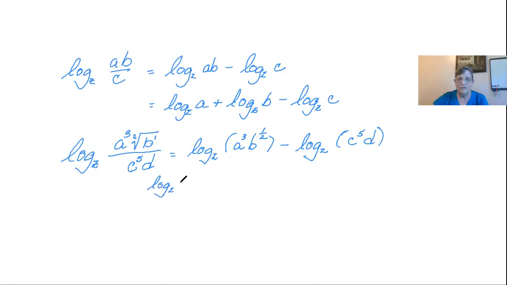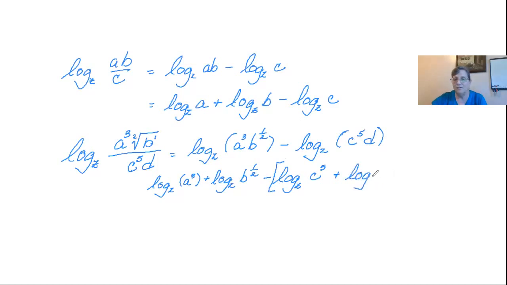So I've got the log base z of a cubed plus log base z of b to the 1/2 minus the log base z of c to the 5th. Well, this is minus this whole thing. So this would be minus parentheses or brackets, the log of c to the 5th plus the log of d. So this negative has to be carried through.